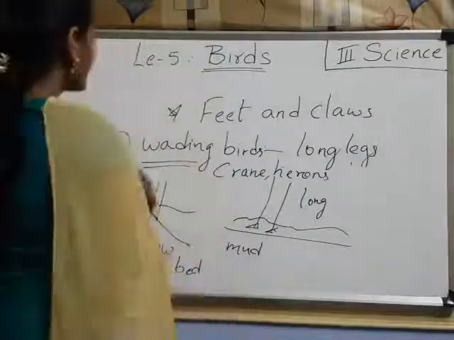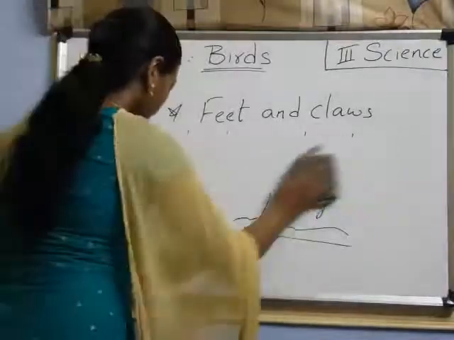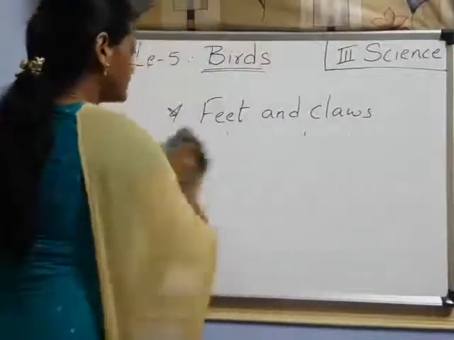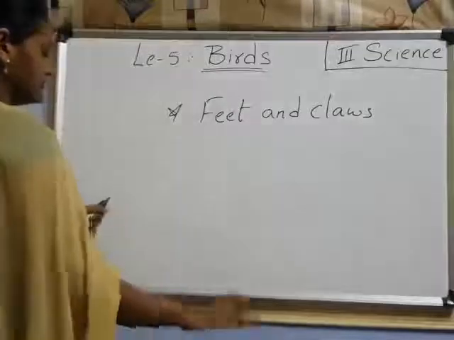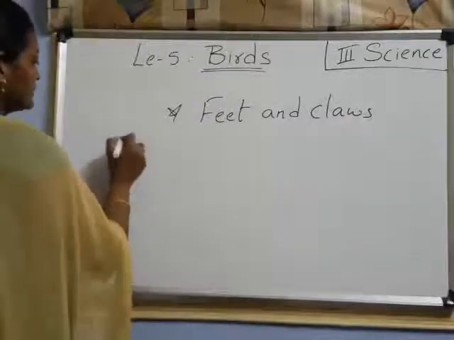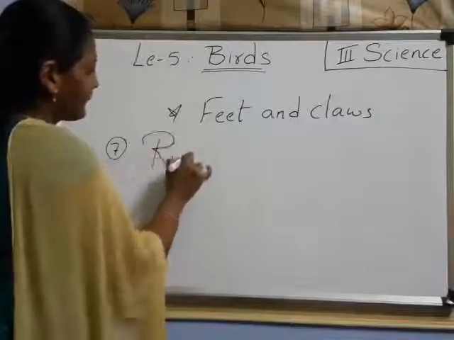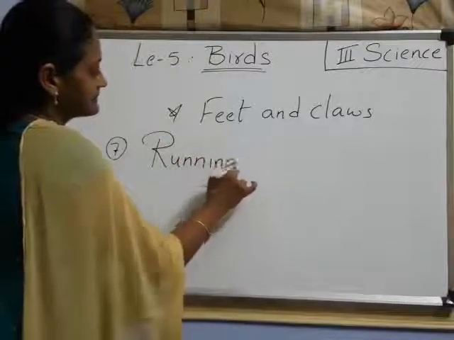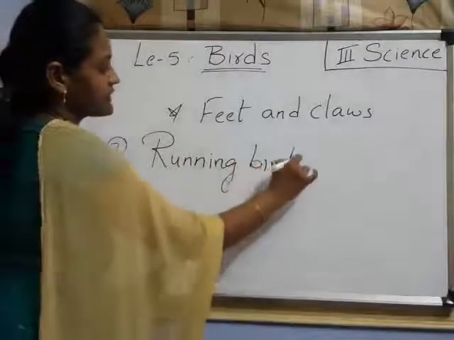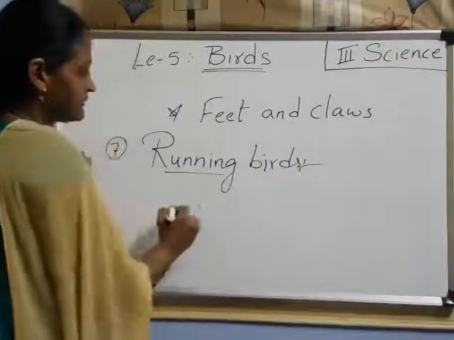Next, coming to the 7th type. The 7th type, children, is running birds. Some birds, because of their feet, can run very fast. Which birds?